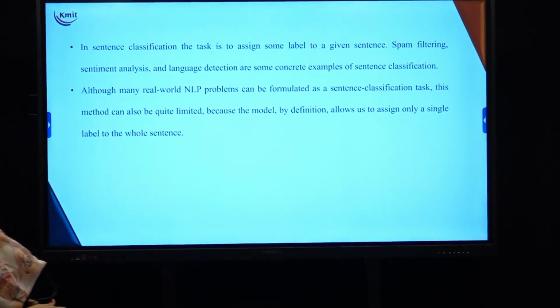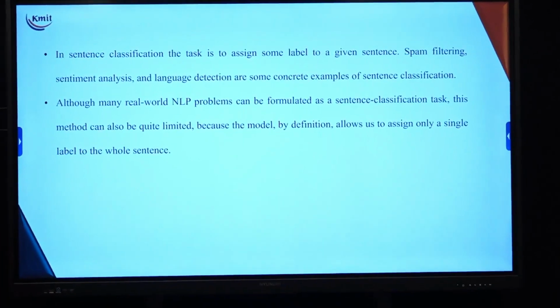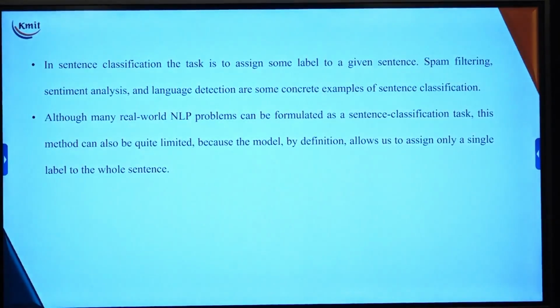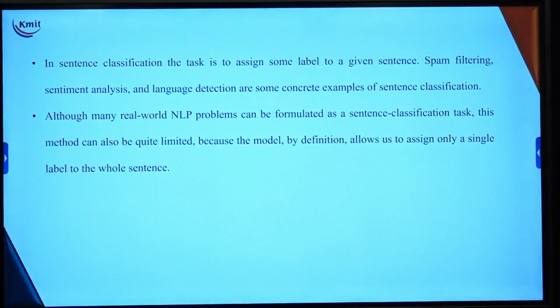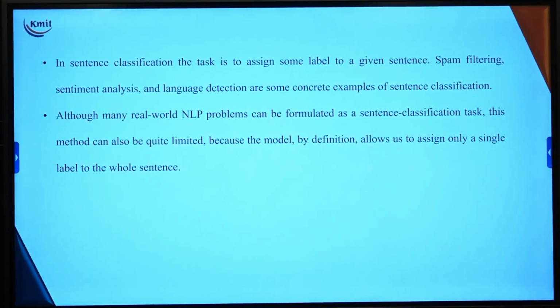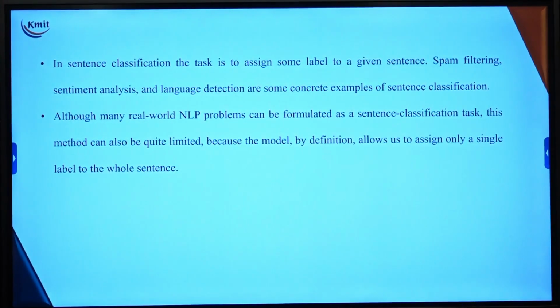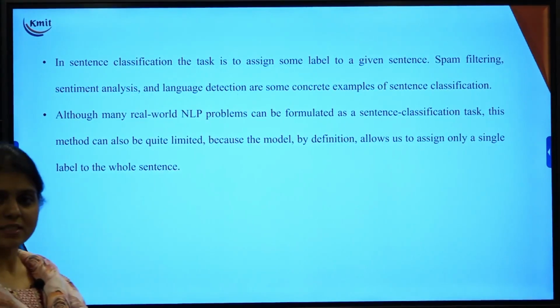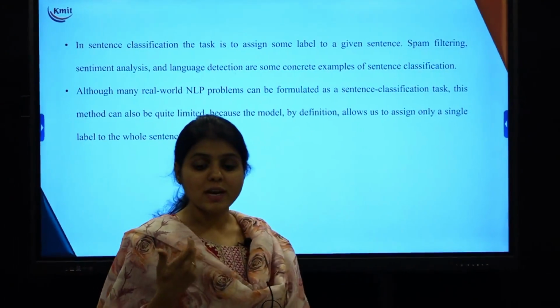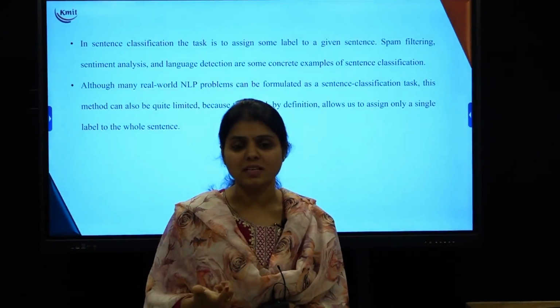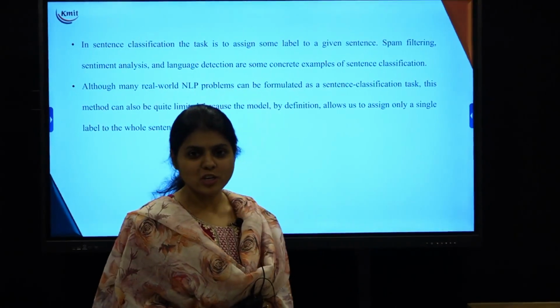Although in real world applications we use sentence classification in many cases, along with this we also have to discuss how to assign labels to the words in a given sentence. When I talk about labeling the words in a given sentence, it is all about sequential labeling.